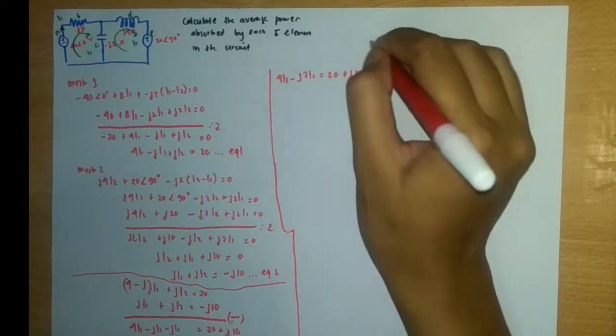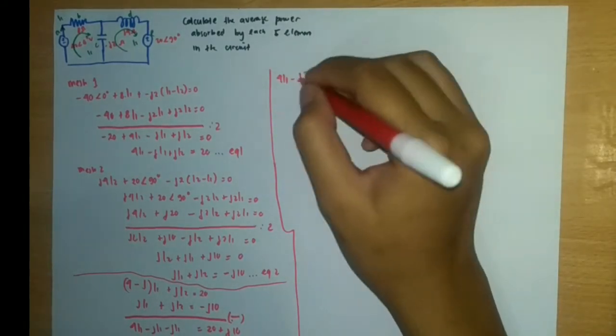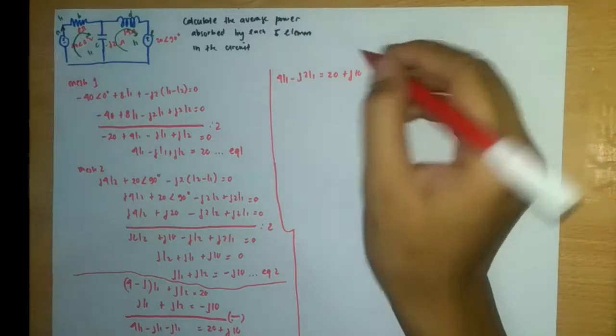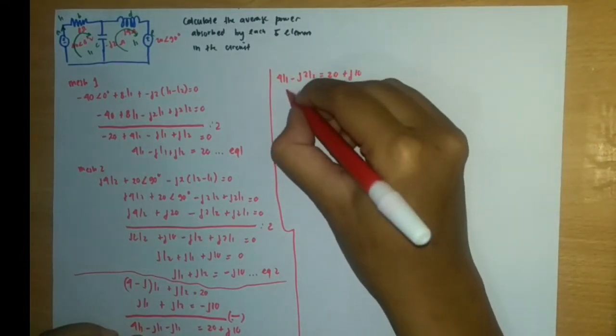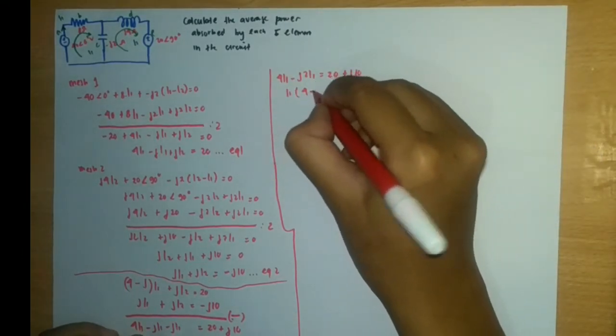Because it is in a complex form, we're gonna make it into a polar form to make it easier. So I1 is (20 plus j10) divided by (4 minus j2).